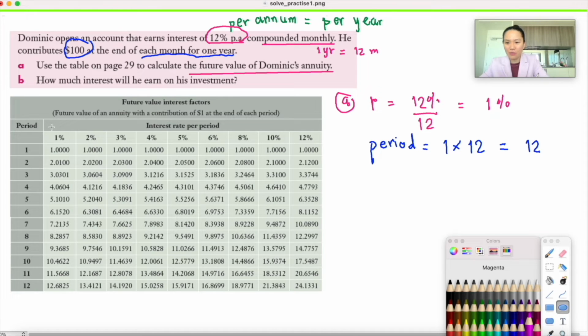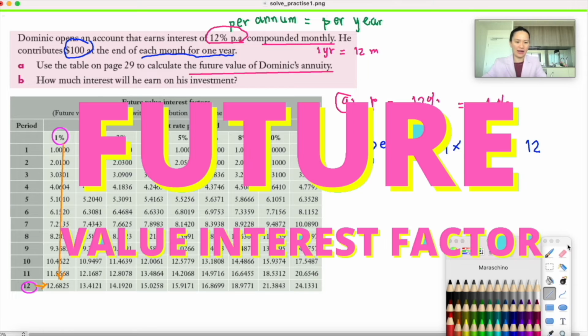Alright, I know that 1% here, and our period is 12. So what does it mean from here? Oops, let me use this color. 1% and the period is 12, so my future value interest factor equals this number, 12.6825.